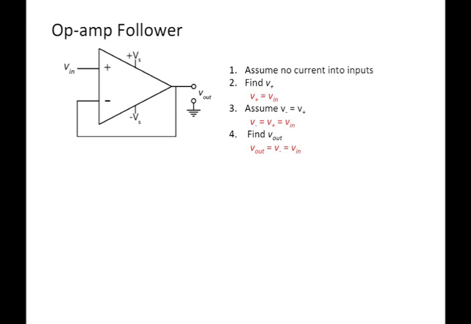And then we can find V out. There's no resistor, so it's just connected by a wire. So the output voltage is really just going to be the voltage on the inverting input, and so that's going to be equal to the input voltage. So at the end of the day, V out equals V in. We can figure out the gain. The gain is going to be V out over V in. In this case, that's going to be 1.